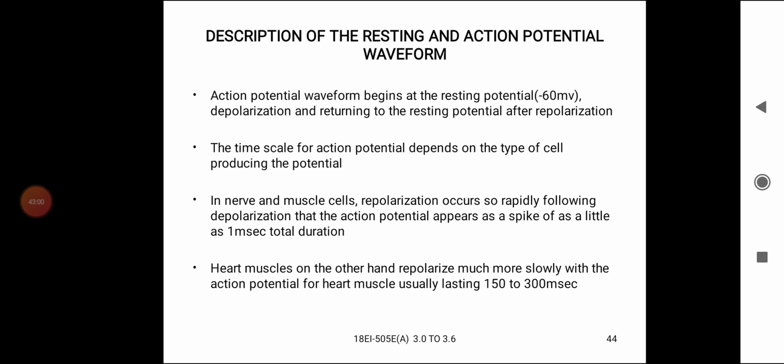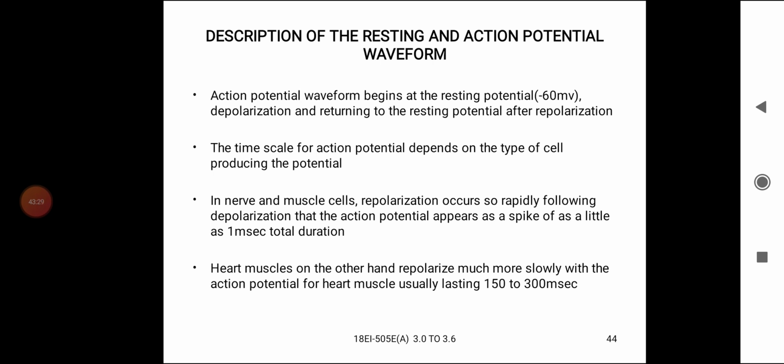A description of the resting and action potentials waveform. The action potential waveform begins at the resting potential, then depolarization, and returns to the resting potential after repolarization. The time scale for the action potential depends on the type of cell producing the potential.